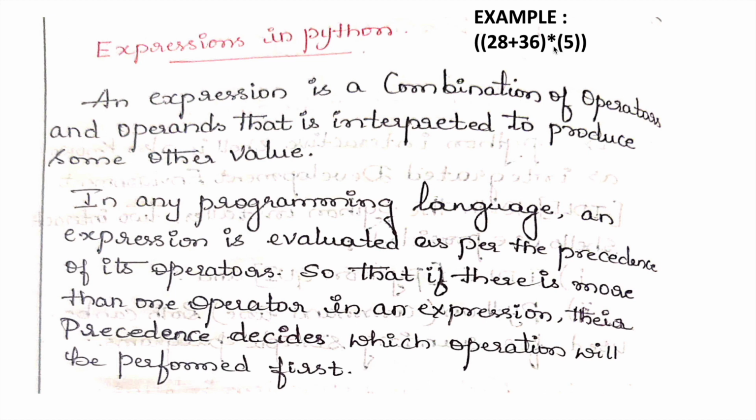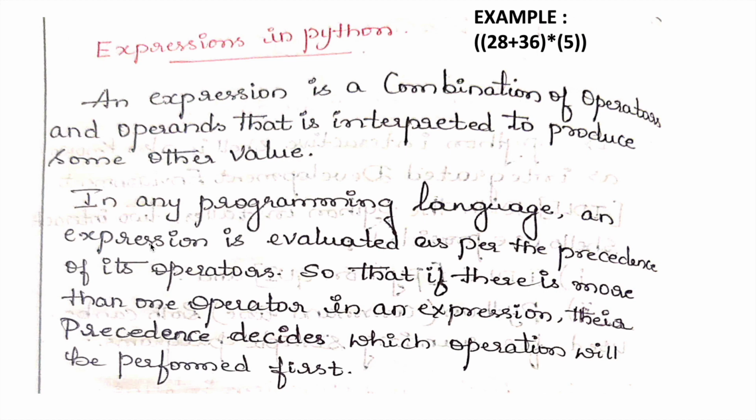So whenever we say expression, it is nothing but a combination of operands and operators. This expression is going to produce some result. You can see here 28 plus 36 into 5, it's going to display some result.